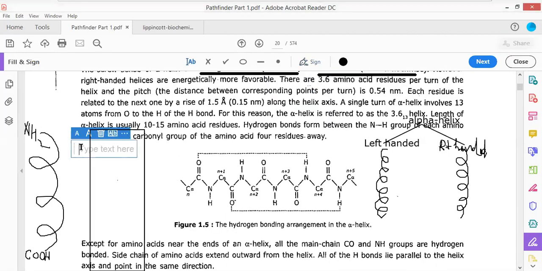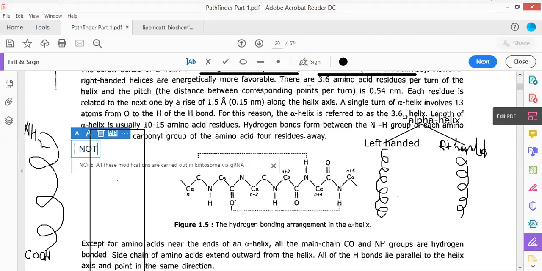We have to write: in higher eukaryotes, left-handed or L amino acids and D sugars are present.